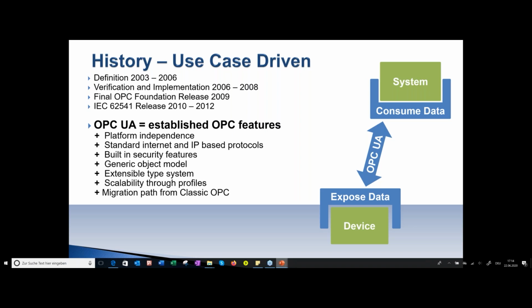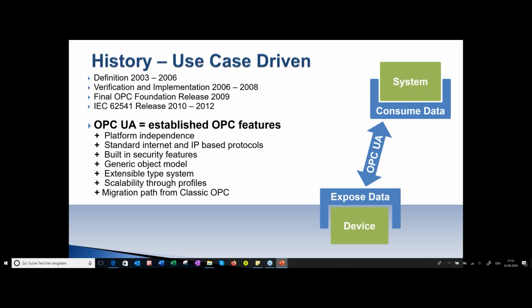It's a very hierarchical, generic object model, and you can extend the type system. It scales from a small sensor that can only provide very small functionalities and facets, to a full-blown system providing live data, historical data, alarms and much more. And obviously we have a migration path from classic OPC.